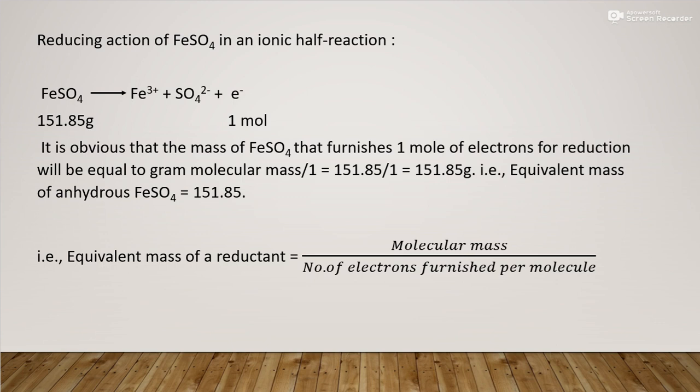Here the number of electrons is 1, so we have to divide this gram molecular mass by 1. So the equivalent mass of anhydrous FeSO4 is equal to 151.85. That is the equivalent mass of a reductant. Here FeSO4 is the reductant. So we can conclude that the equivalent mass of a reductant is equal to molecular mass divided by number of electrons furnished per molecule.